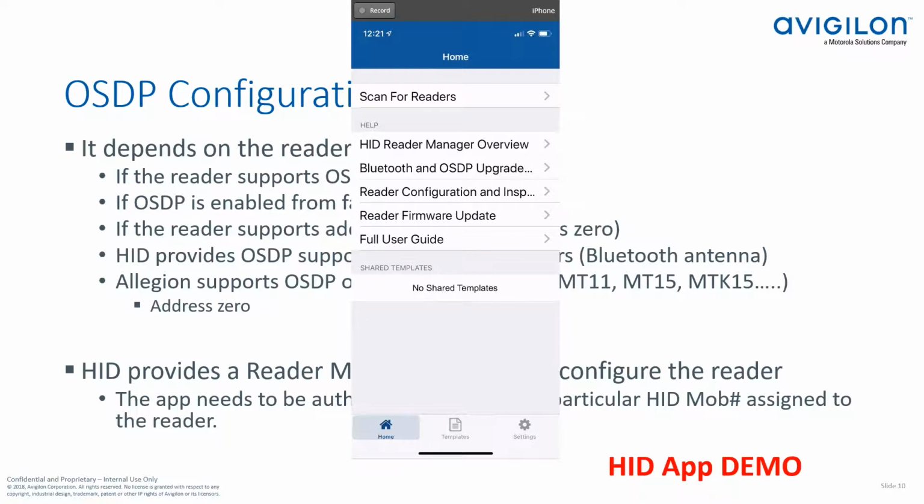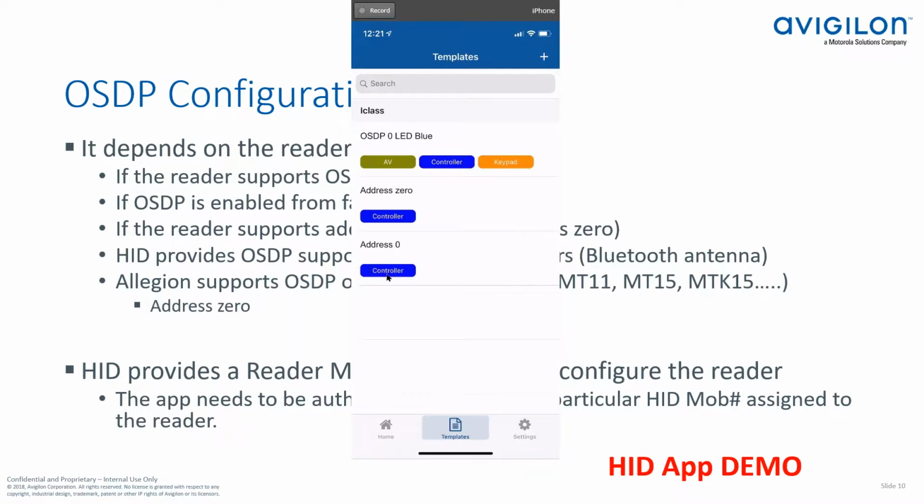So this is their application. You have a couple of things, and I'll give you a little tour of the app. Down here at the bottom, you have the option to create templates. In other words, you can save a configuration and apply that configuration to a reader automatically. You can select the reader and say apply this configuration, and now you get the reader configured the way you want it.